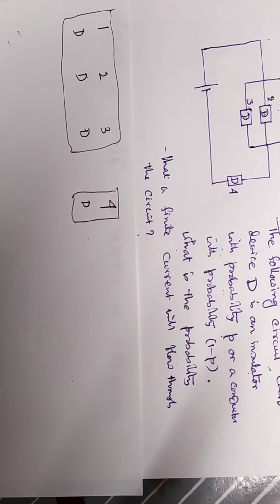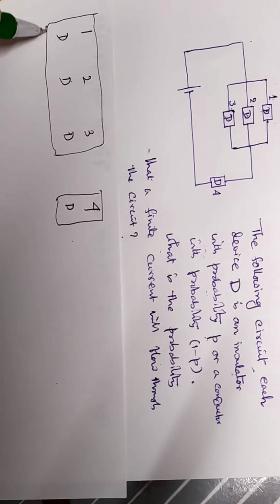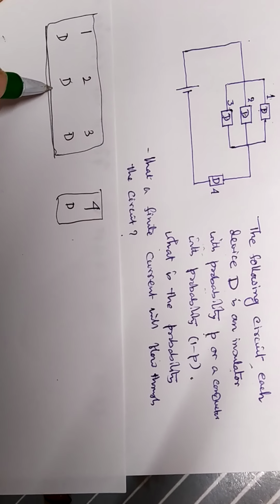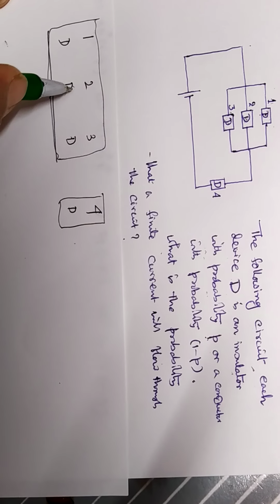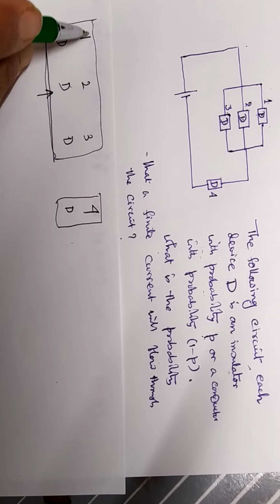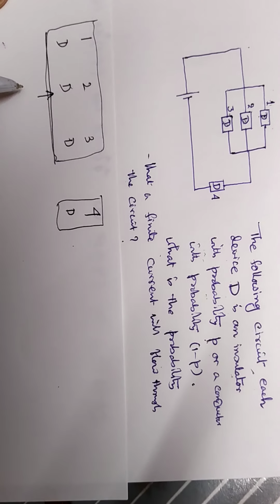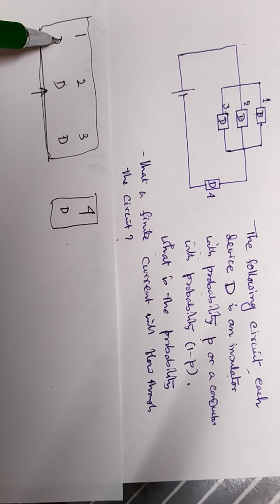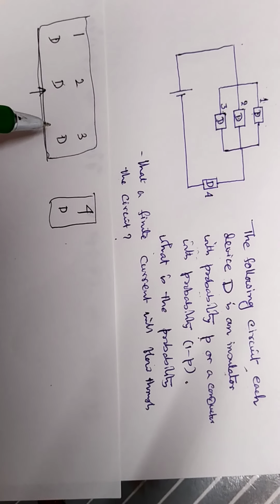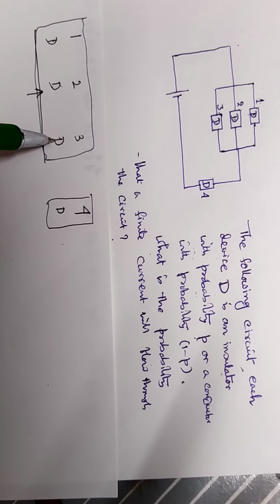Then I can ask what is the probability that this circuit will not allow the current to flow. This should behave as an insulator, this should behave as an insulator, and this also should behave as an insulator.